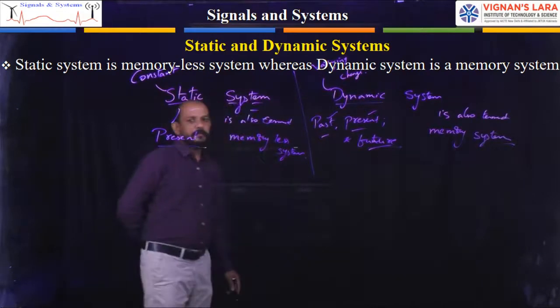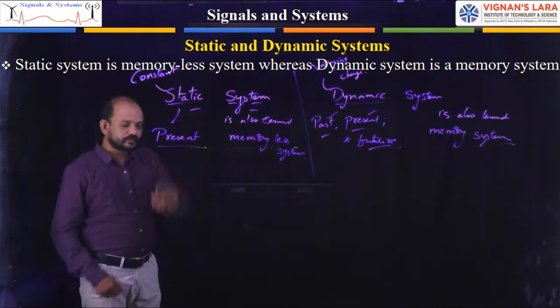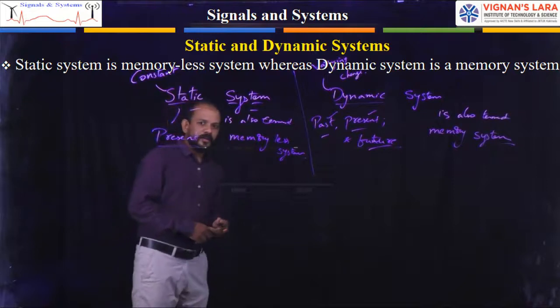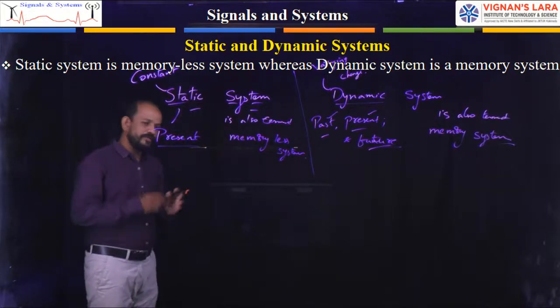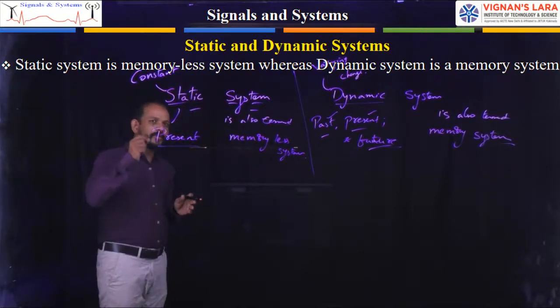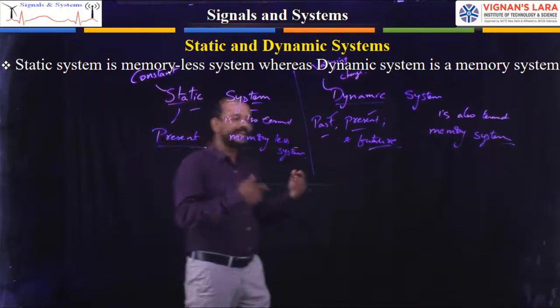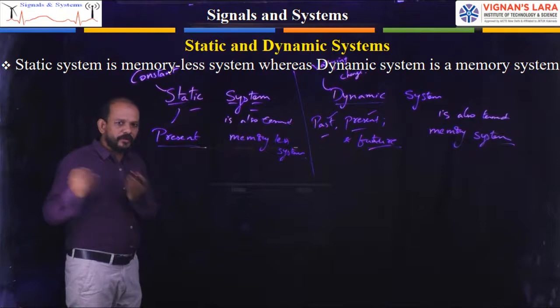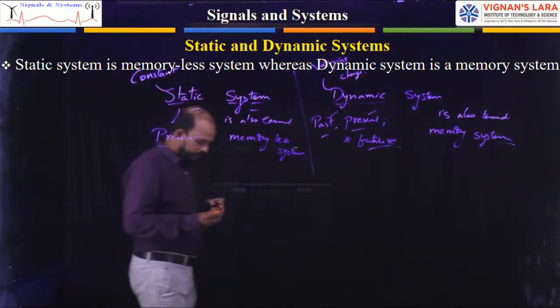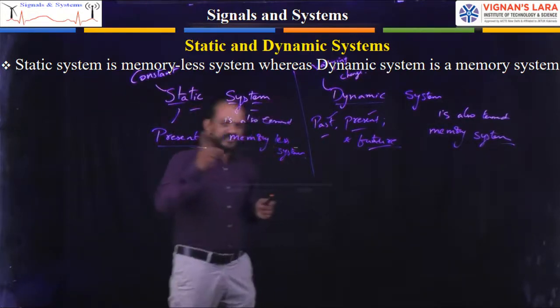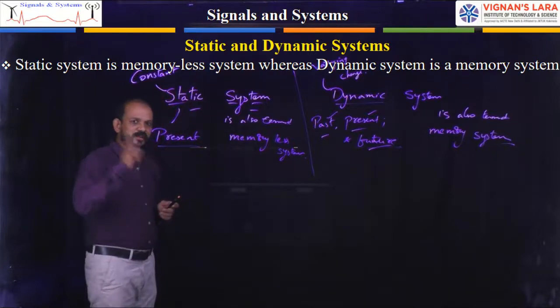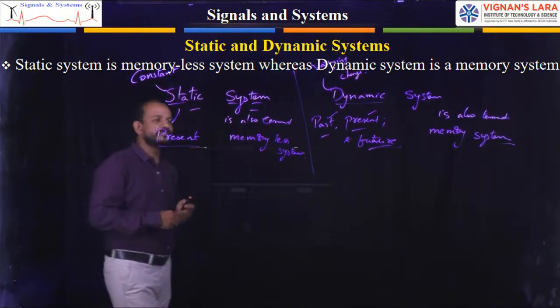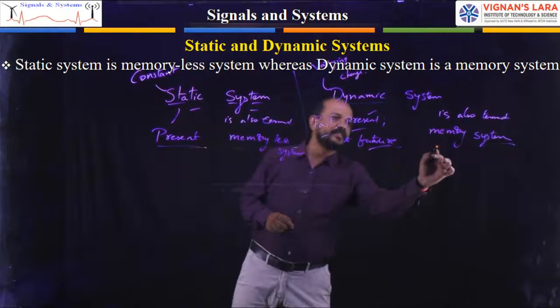Okay, I hope now you have an idea about what a static system is and what a dynamic system is, based on the example of the static person and dynamic person. Static system is also called a memoryless system, whereas a dynamic system is called a memory system.